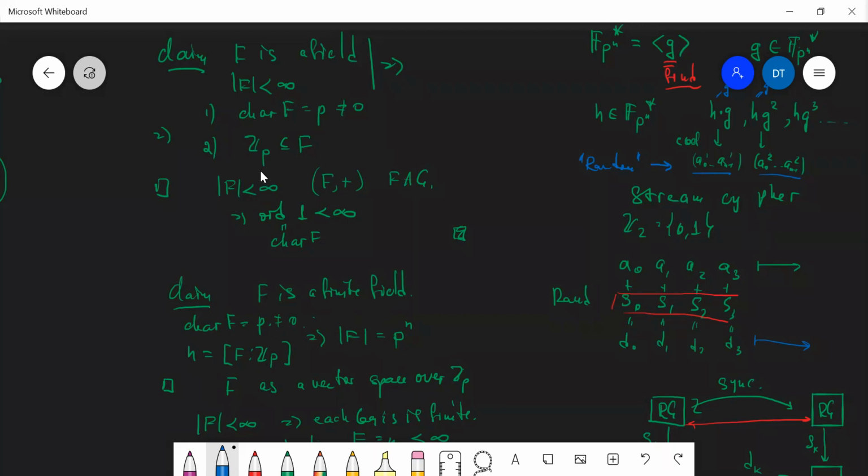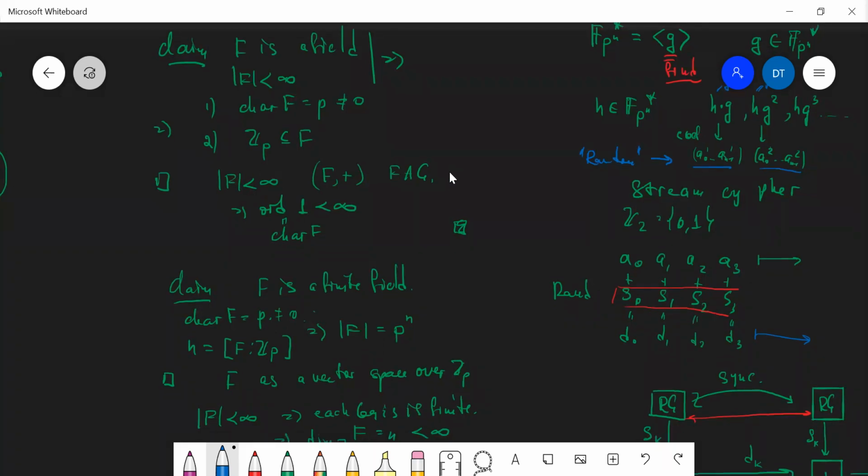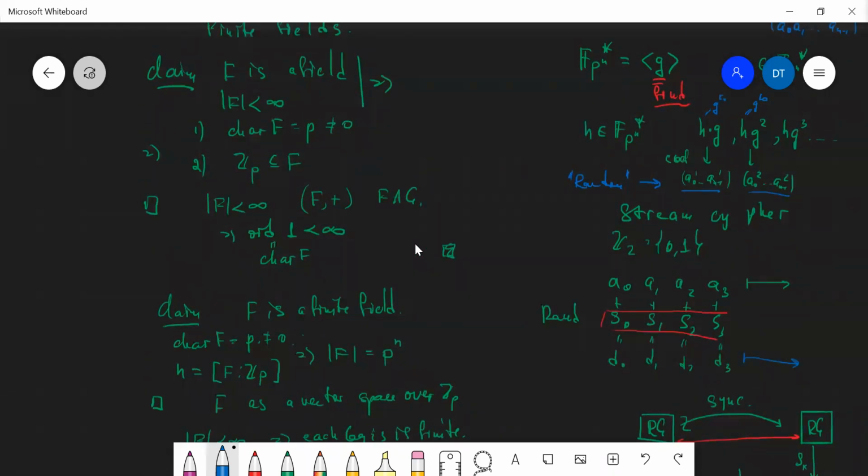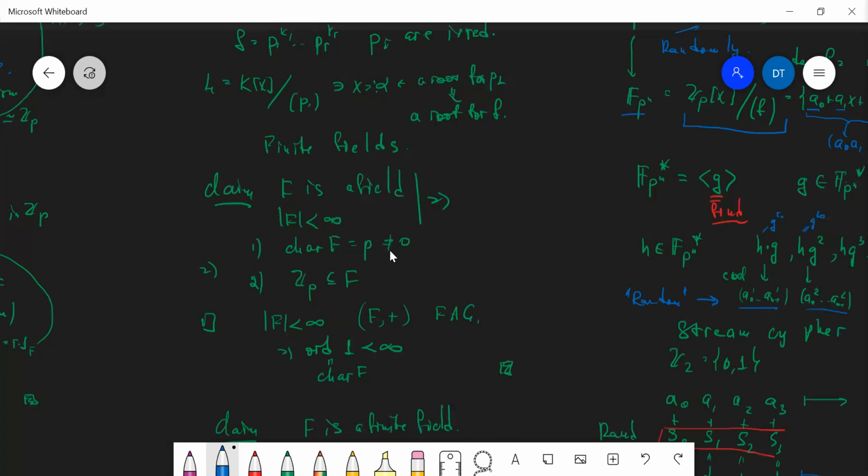Could you go through this claim again, please? The previous one. Okay, I just derived this claim from all the things we had before. If we have a finite field, then F is finite. So F with addition is a finite abelian group. In a finite abelian group, each element has finite order, so the characteristic is finite. And we know that if our characteristic is finite, then it's prime. This is the first part.